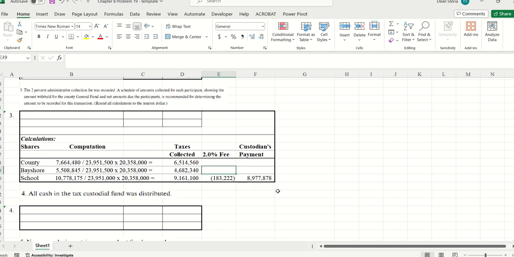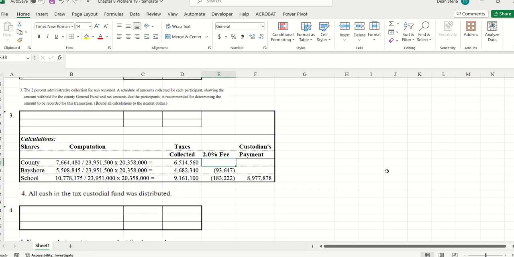We come up here, we do the same thing for Bayshore. We take the taxes collected and multiply it by the 2%, and then we add those two together.